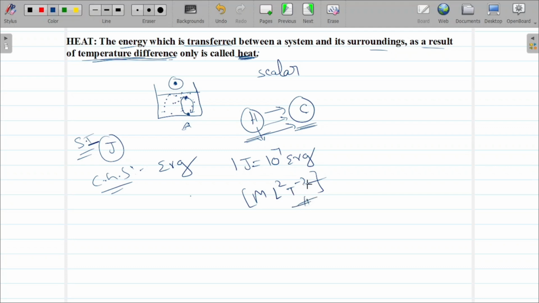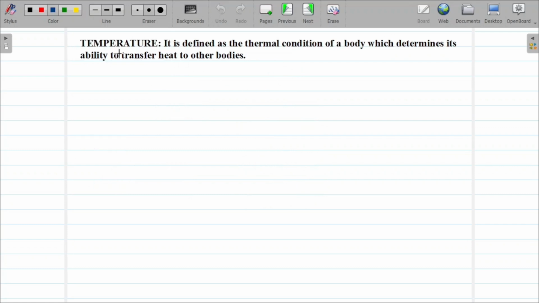Now let's see temperature. What is temperature? Temperature is defined as the thermal condition, meaning whether a body is hot or cold, which determines its ability to transfer heat to other bodies. For example, same as before, I have body A and body B. A is at 100 degrees Celsius and B is at 10 degrees Celsius.